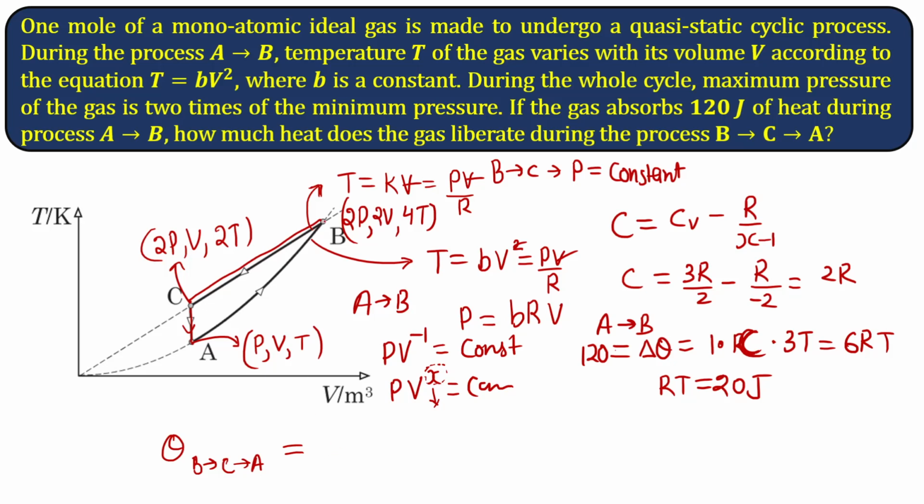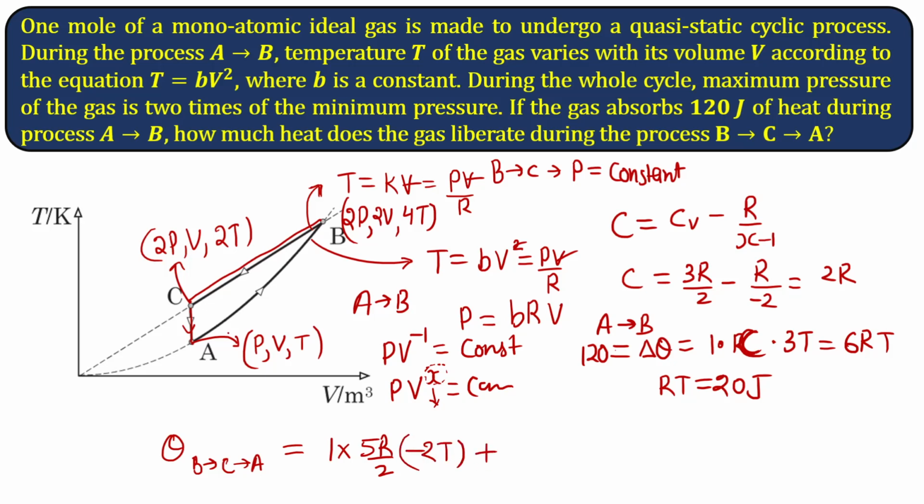In the first process, B to C, that is an isobaric process, so heat absorbed will be NCP delta T. For a monatomic gas, that is 5R by 2 into delta T, that is final temperature at point C minus initial at point B, that is 2T minus 4T, which comes out to be minus 2T, right?